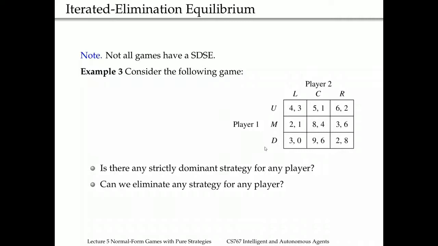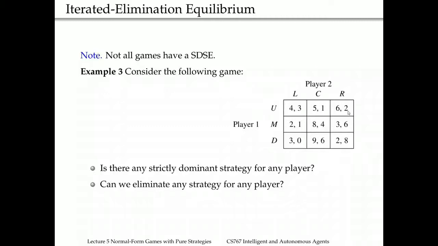For example, if you look at the options of the second player, the player has an option of L, C, and R, but if the player chooses C, no matter what player 1 chooses, player 2's payoff will always be less than player 2's payoff if he chooses R. Right?